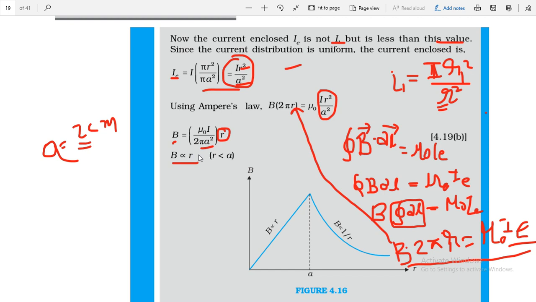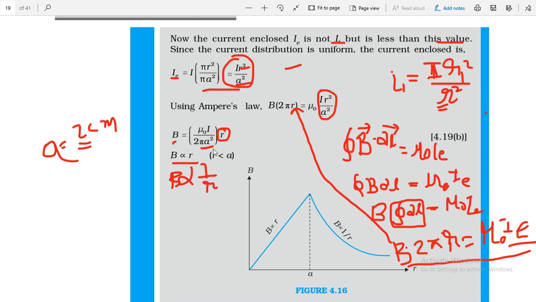But outside the conductor, B is proportional to 1 upon r, where r is the distance of any point outside the conductor from the center of the conductor. So outside, the formula is B proportional to 1 upon distance. In both cases, distance is represented by r here.